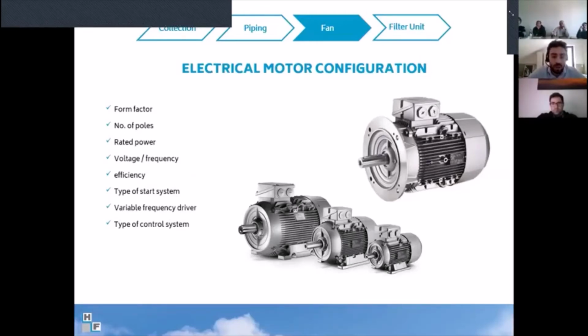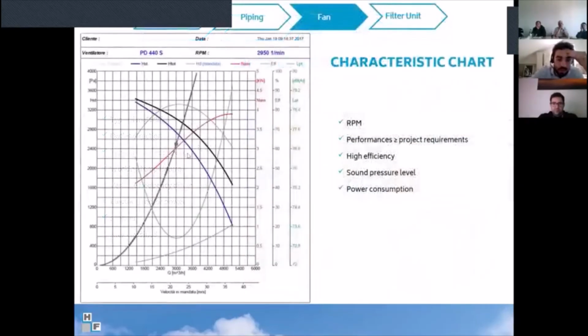First of all, we have to understand the rated power, so the power that the motor can supply to the impeller, and this value must be higher than the power consumption of the impeller. For our example, we need 3.5 kilowatt, more or less. We will install a motor of at least 4 kilowatt.